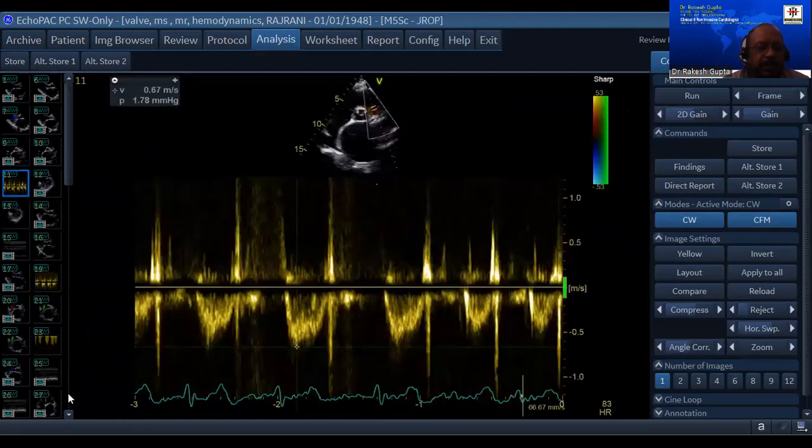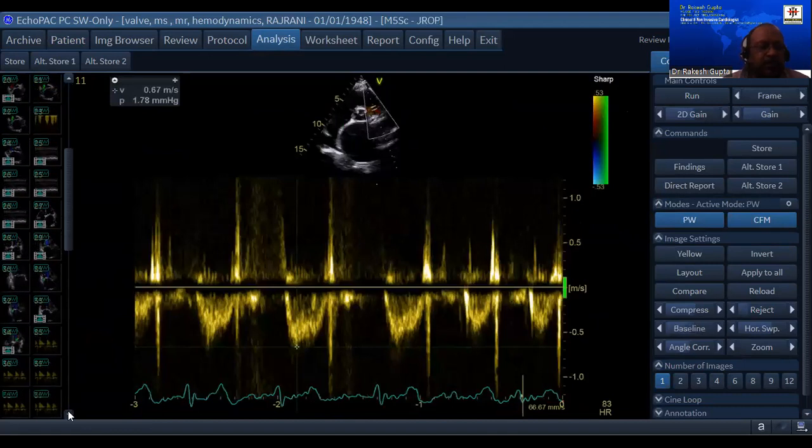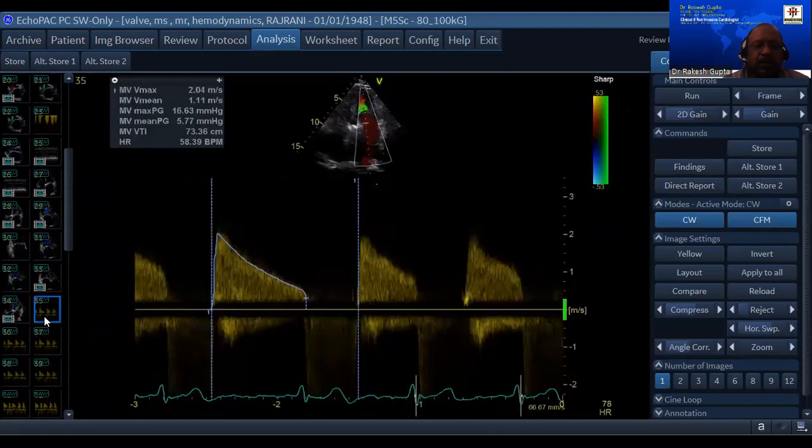It looks like today is a day for atrial fibrillation, but there should be one. No, even this is atrial fibrillation. So let me go to my archive again.